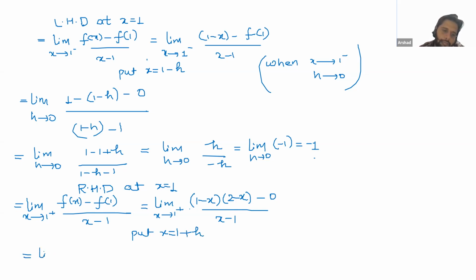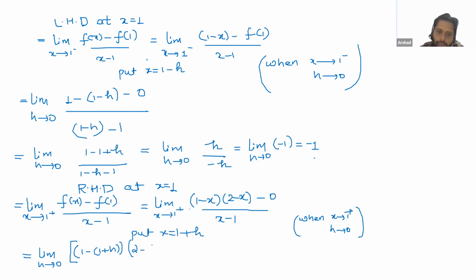So here you will get limit h tends to 0. In the bracket we will write, when x approaches 1 plus, h approaches 0. And so here you will get (1 minus 1 plus h), next is 2 minus x, so 2 minus (1 plus h), by 1 plus h minus 1.